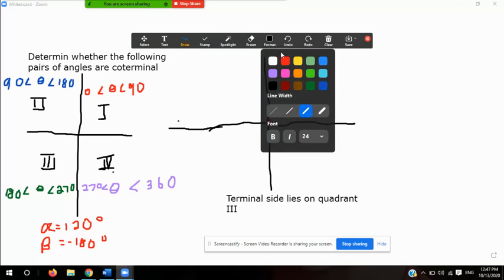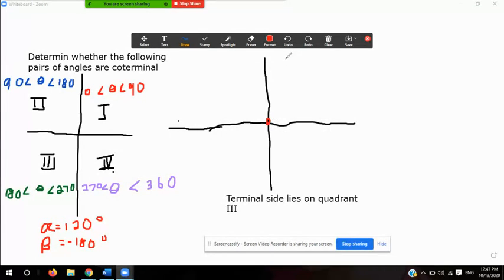So let's first graph 120. In standard position, that means that the initial side starts here on the positive x-axis. And then let's see where that goes. First of all, it's positive 120, which means that the rotation is counterclockwise. And of course, it has to lie in quadrant 2, because that's where I can find angles that are greater than 90 and less than 180.